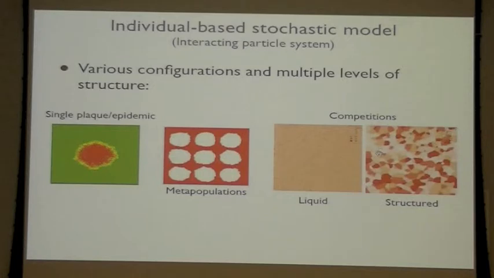And since in a structured environment your interactions are localized, by removing those localized interactions and making those interactions global, what you're doing is you're then simulating a well-mixed or liquid environment. So this is the other interesting thing, which is that the same model can be used to simulate both a structured and a well-mixed environment and ask what effect structure has.